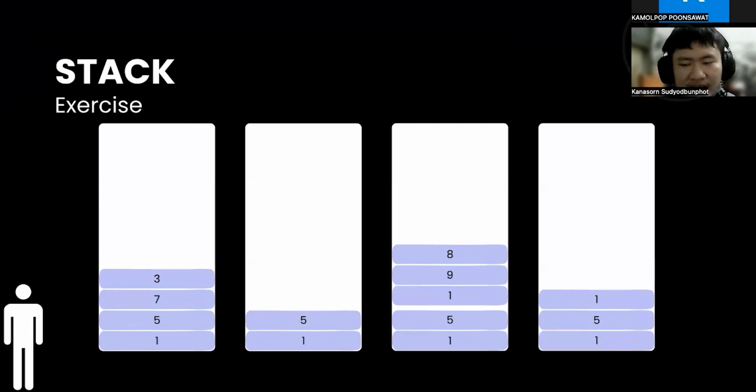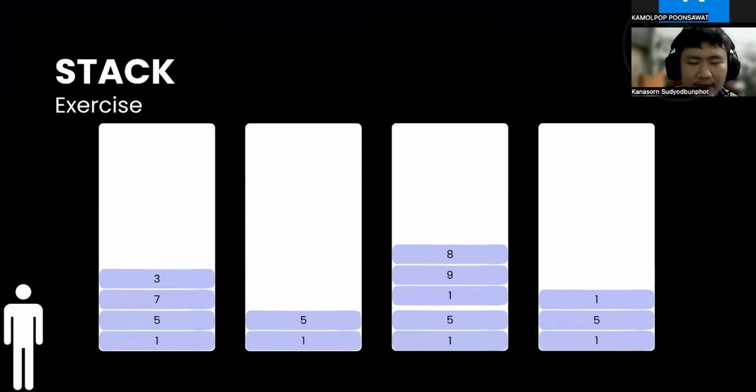After that, if we pop twice again, we will have 1, 5, 1 in the stack and 1 as the head. Then if we use the peek operation to read the value at the head of the stack, the result is 1, because now 1 is the head of the stack.